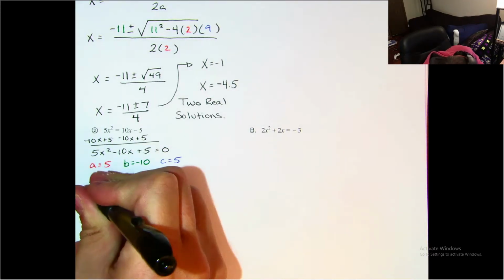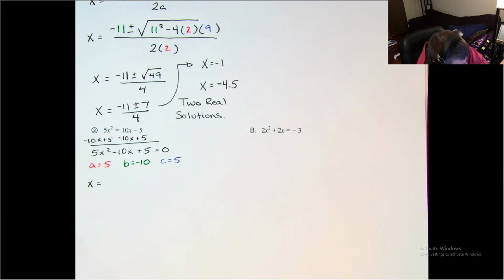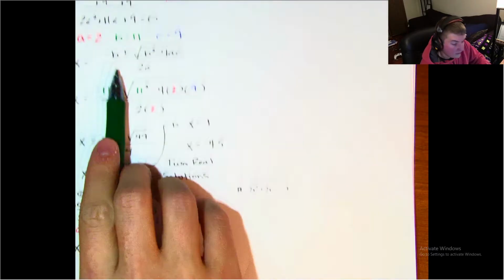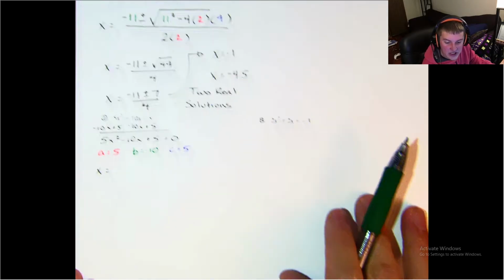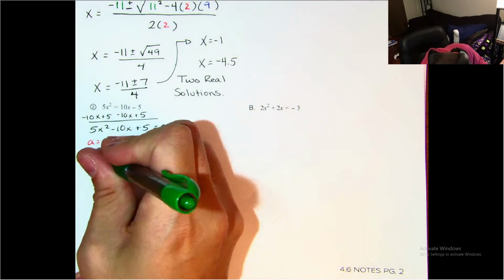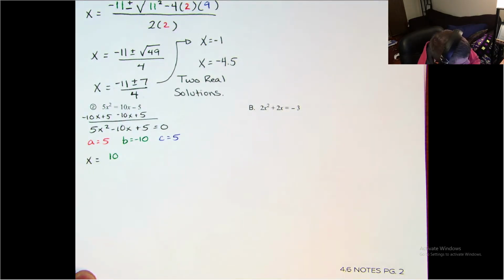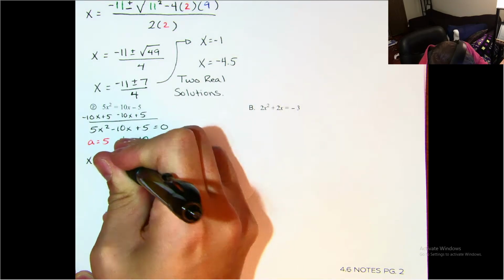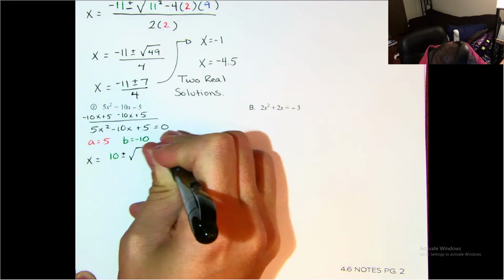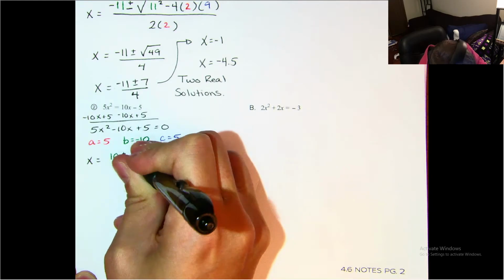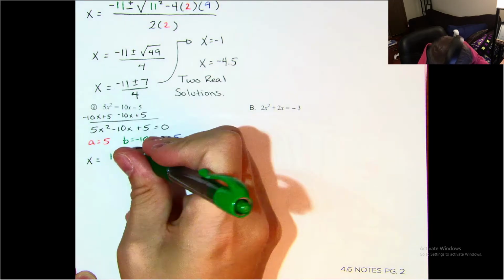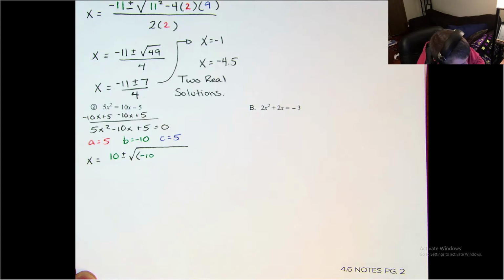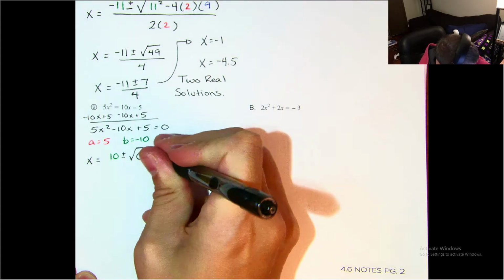That means x is equal to the opposite of b. So what's the opposite of negative 10? Well, it's positive 10. So this is going to be a positive 10 plus or minus the square root of b squared. Okay, my b value is negative. So remember, when I'm squaring a negative, particularly with the calculator, you want to put parentheses around it.